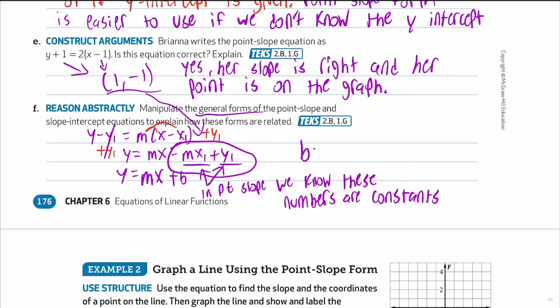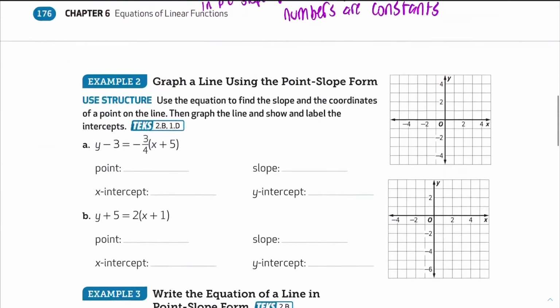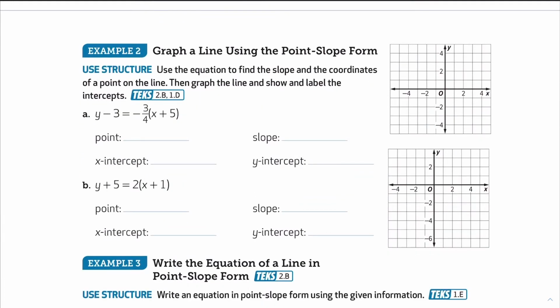If you said that b was equal to minus mx1 plus y1, then we can replace what I have circled with just the letter b. That's a little bit of advanced math, but if you plugged in the numbers, you would see that it makes perfect sense. And you did that type of example when I gave you the numbers before. So this one, me.